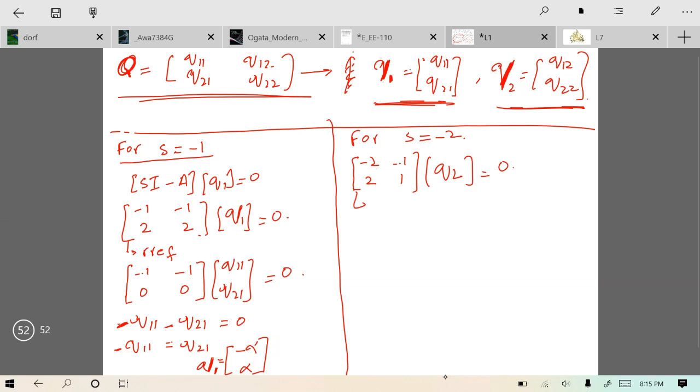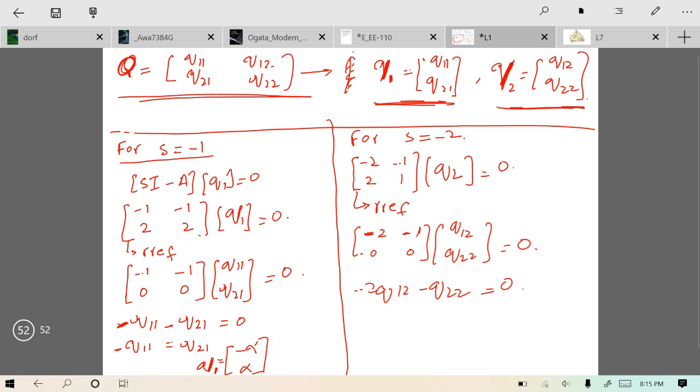Similarly, converting it into row reduced echelon form by row operation, I have -2, -1, 0, 0 times q12, q22 equal to 0. So from here I have -2 q12 minus q22 equal to 0. That is, q12 is equal to minus q22 divided by 2.